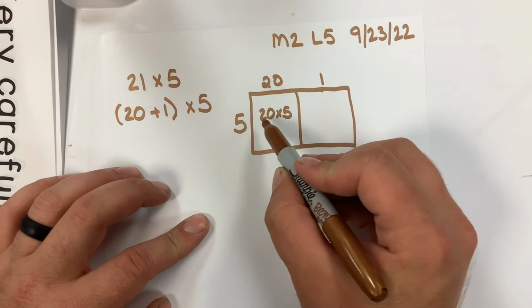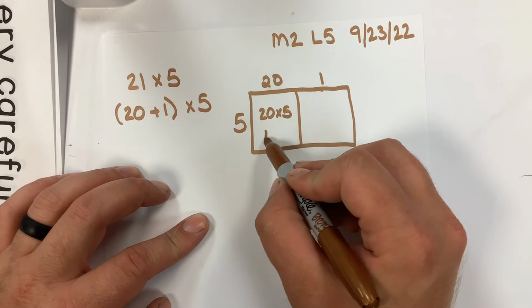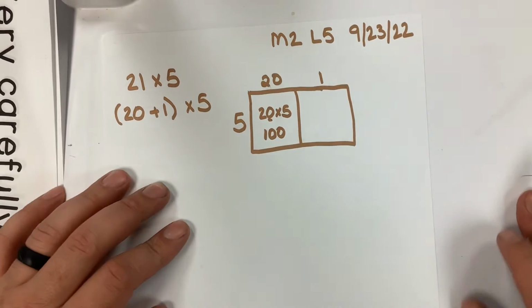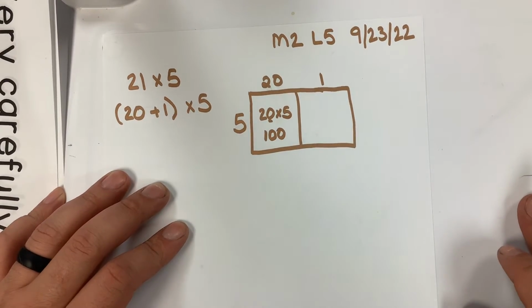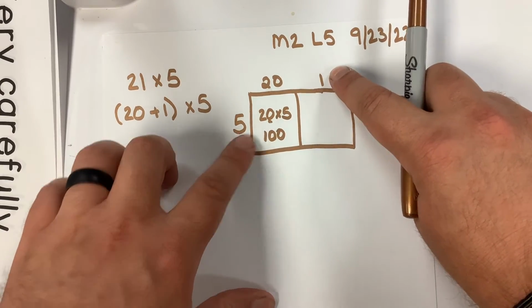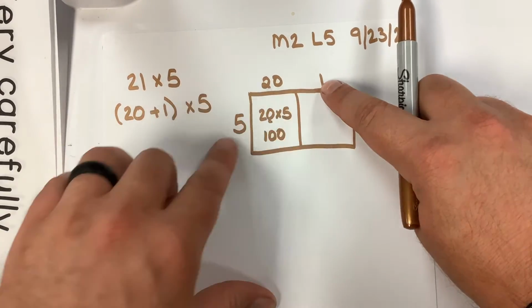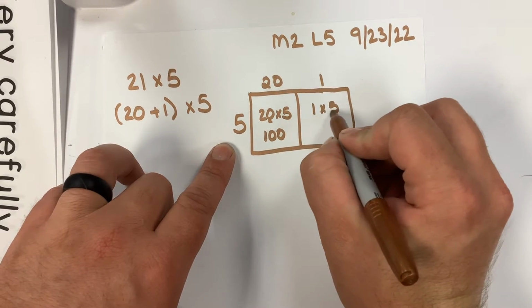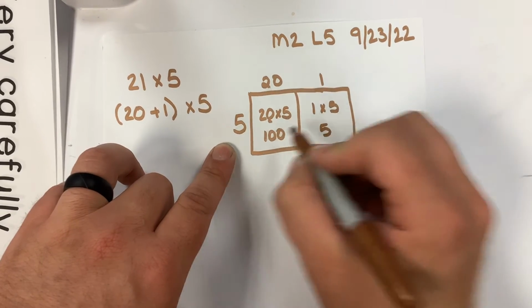Well, mental math tells me 2 times 5 is 10. Add back a 0, and that gives me 100. In my other column, I'm doing 1 times 5, which just gives me 5.